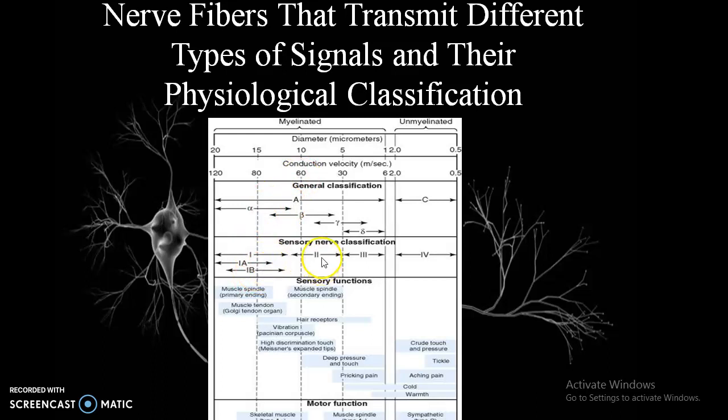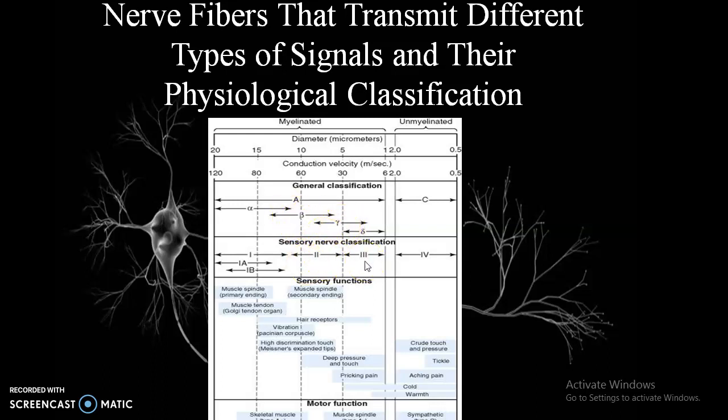Then group 2. These are the fibers from most discrete cutaneous tactile receptors and from the flower spray endings of the muscle spindles. So this includes beta and gamma type fibers.